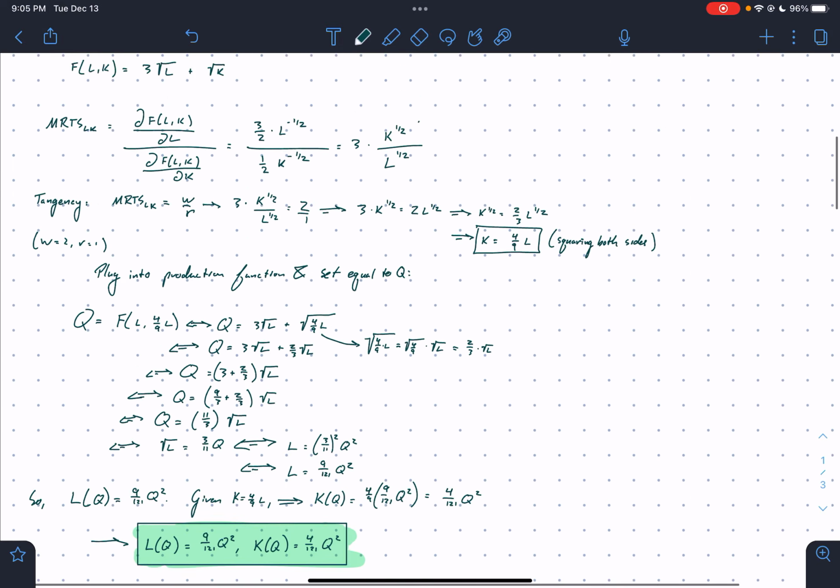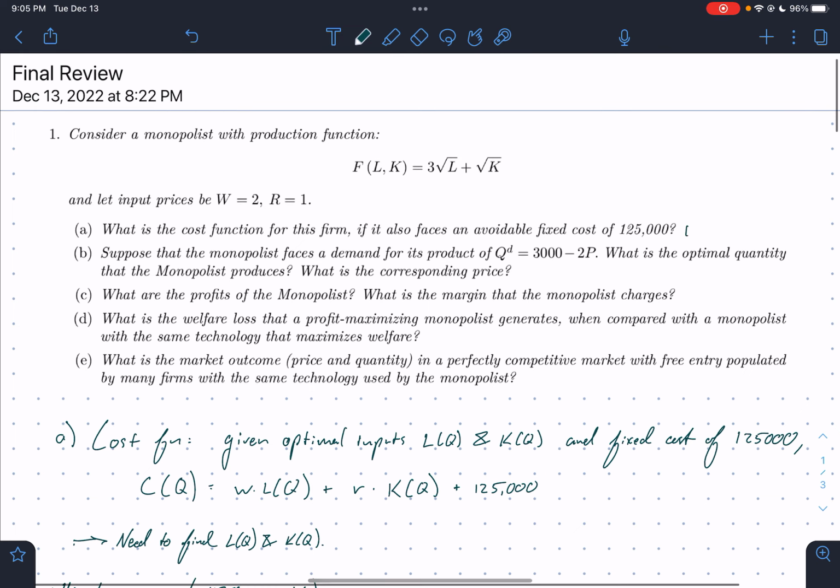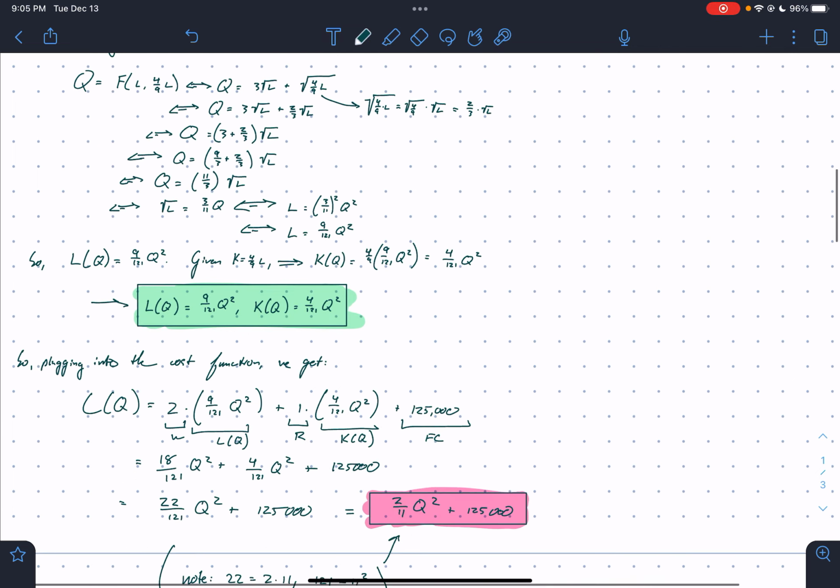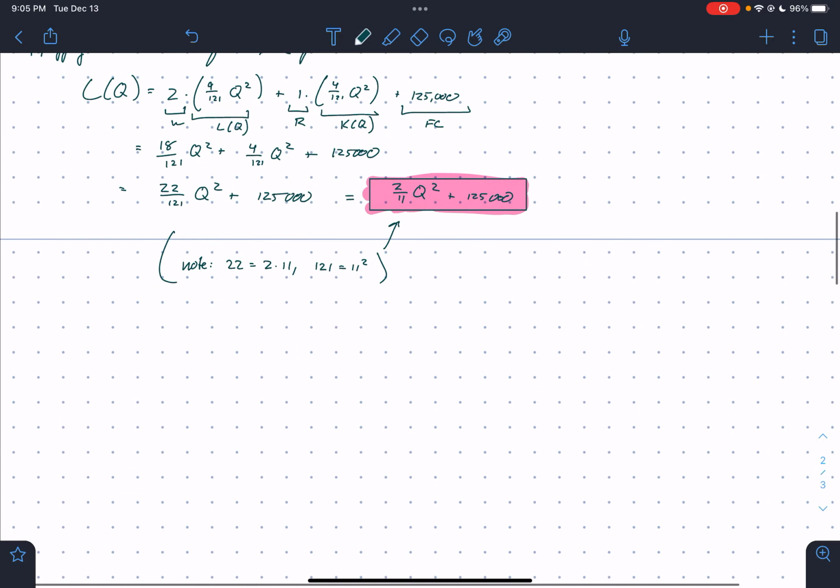All right, so that's part A. Now for part B, we're going to suppose the monopolist faces demand of 3,000 minus 2p. We're going to find the optimal quantity and the corresponding price. Okay, so the monopolist is going to maximize profits.